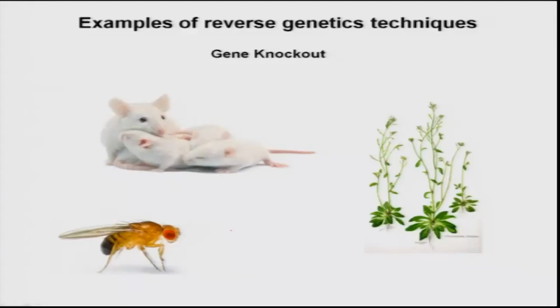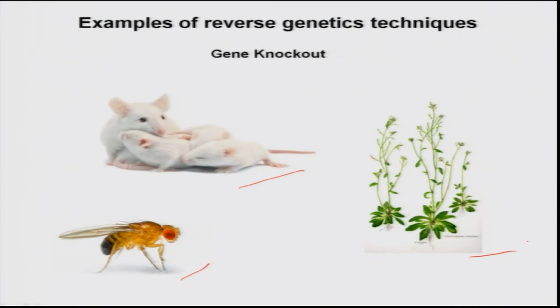I am going to discuss one such approach called gene knockout. You can remove a gene from the genome of every cell and ask what happens to the animal. This approach can be used in mouse or fly or, for example, plant. This is successfully carried out.